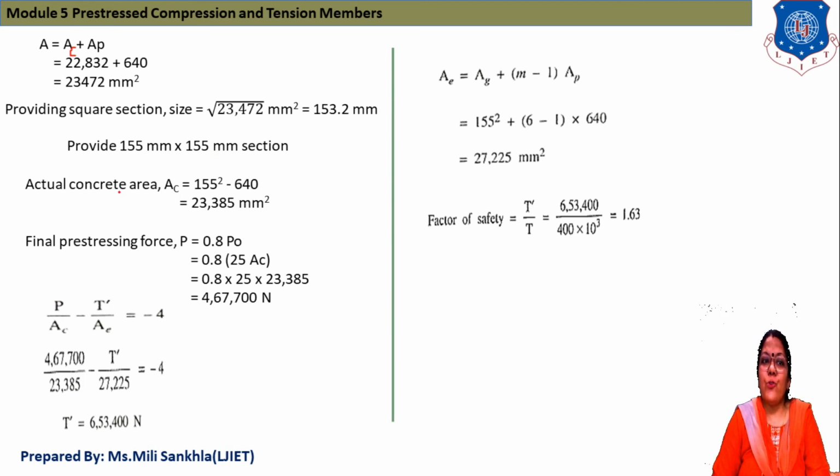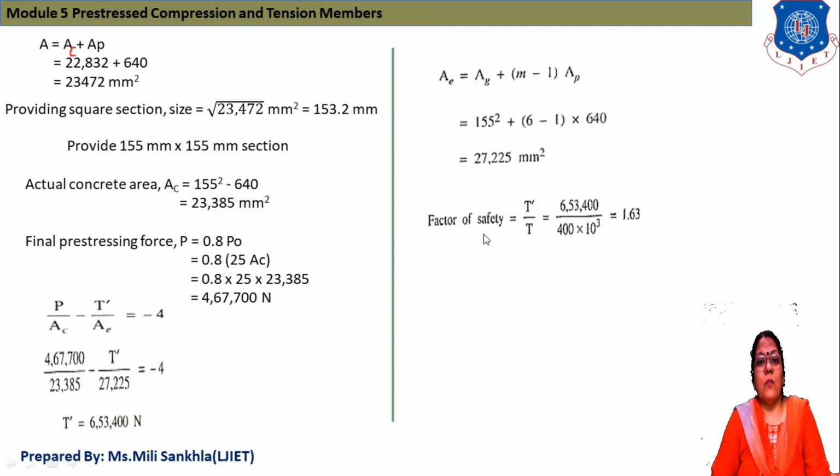Actual concrete area AC is equal to the size of this section, that means 155 into 155 minus the pre-stressing steel 640, and we get 23,385 mm square. This is the actual area of our member, because the member is subjected to concrete and steel both.